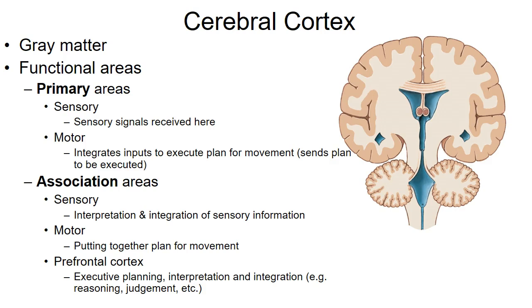The intention to move starts here, and the choreography starts here in the motor association area. Then you assemble a plan, and it gets relayed to the primary area. It's like the errand person sending out the orders, while this one is the person making the orders, putting them together. Is that clear to folks?